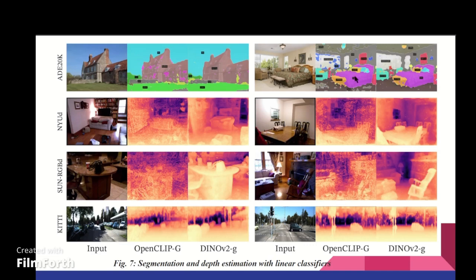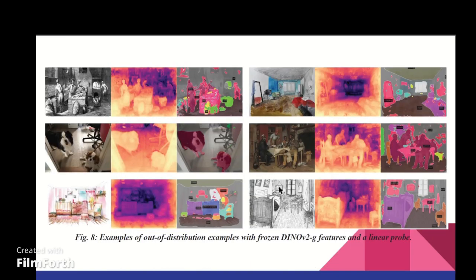And here also for segmentation, it has similar results, but it is on par with the SOTA models. So here you can see it segments the house very well, and here are some more results from the paper.